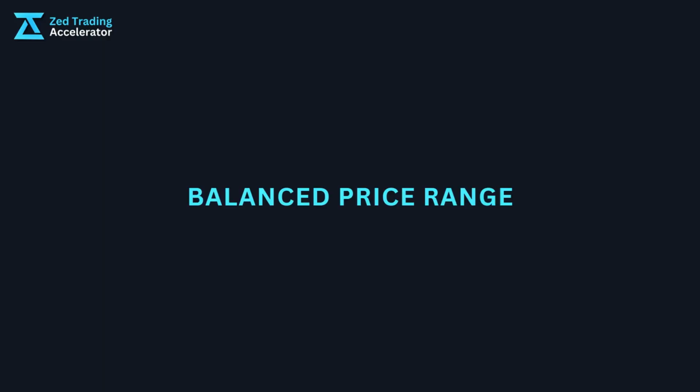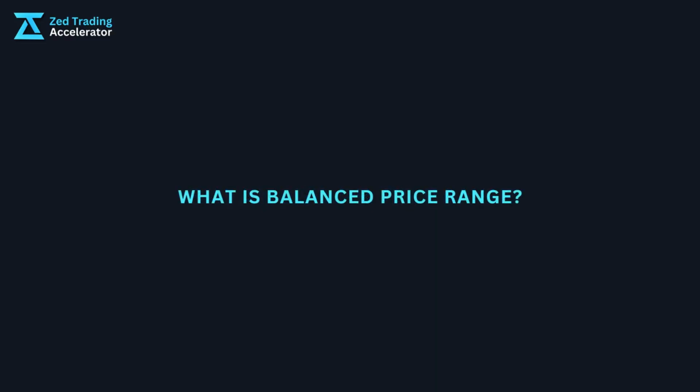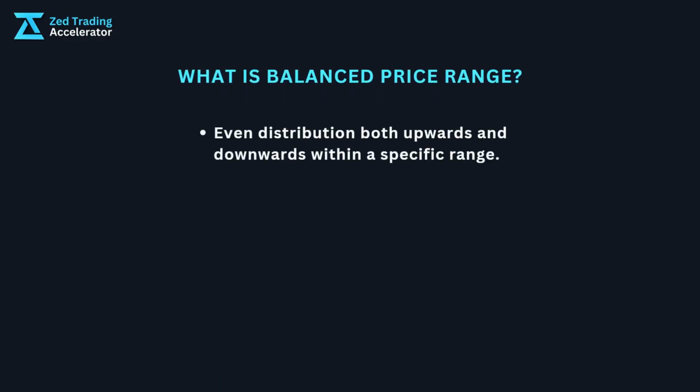In this video, I will be discussing balanced price range. So, what is a balanced price range? A balanced price range is an even distribution both upwards and downwards within a specific range, right?